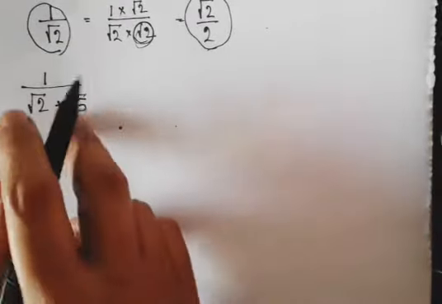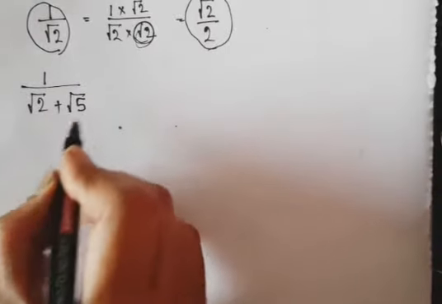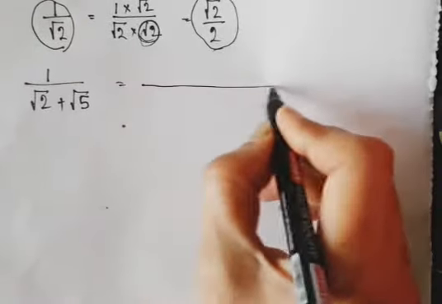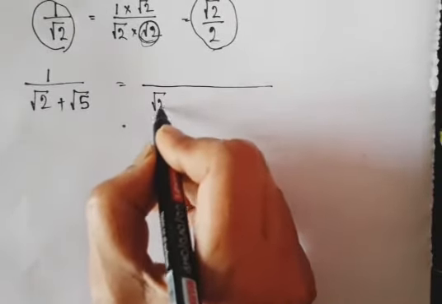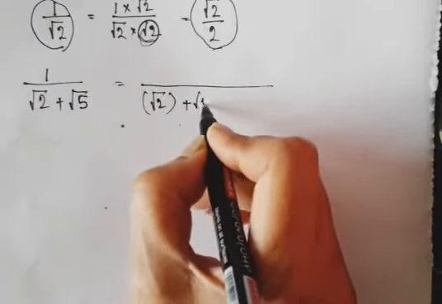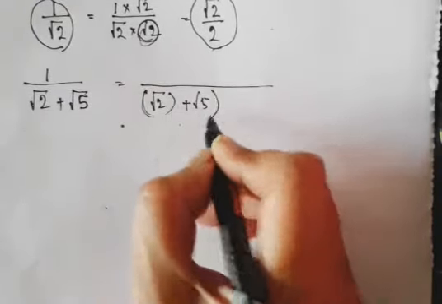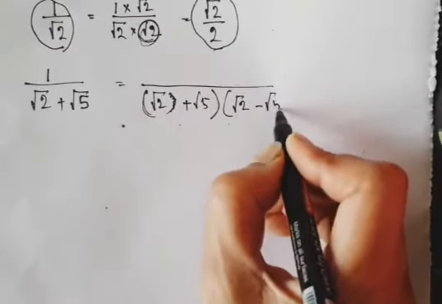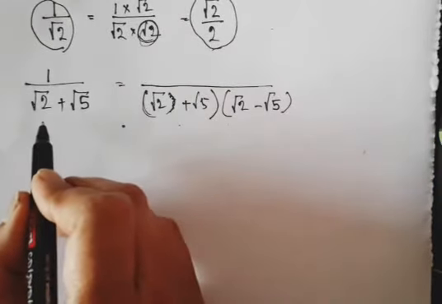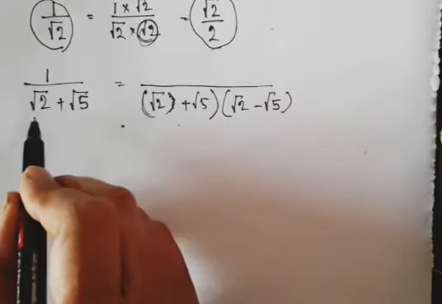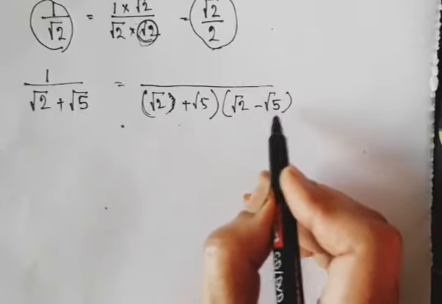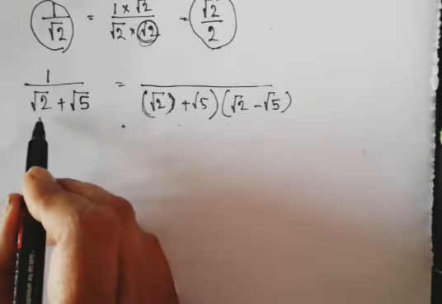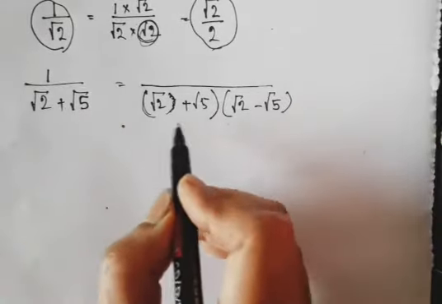Now if the denominator is root 2 plus root 5, then we have to multiply root 2 minus root 5. That means if the denominator is in the form of a plus b, then you multiply a minus b. Or if the denominator is in the form of a minus b, then you multiply a plus b.